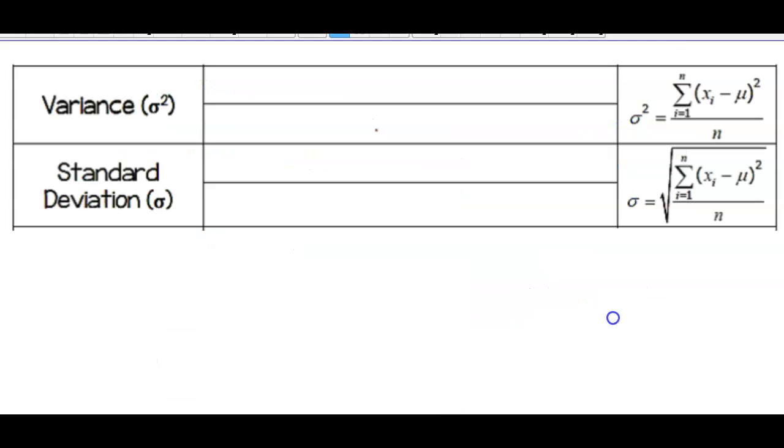All right. The variance has a lovely formula over here. It's if you take each item and subtract from the mean, so how far away is each item from the mean, and then you were to square those and add them all up and basically average them, okay? We're just going to say it's the standard deviation squared.